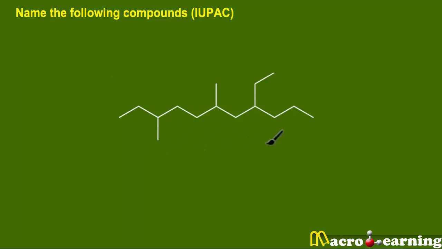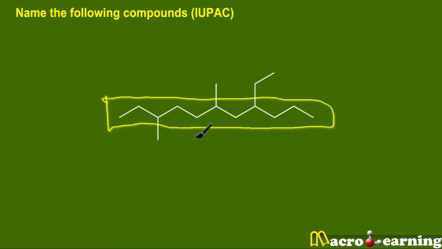Okay, anyway, so let's pick the main chain for this molecule, which is pretty straightforward, I think. It's just going to be this guy here. It's 1, 2, 3, 4, 5, 6, 7, 8, 9, 10, 11. 11 carbon chain. The name for it is undecane. So it's a substituted undecane.